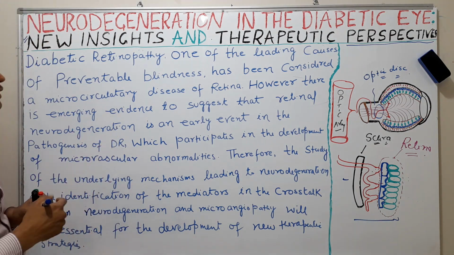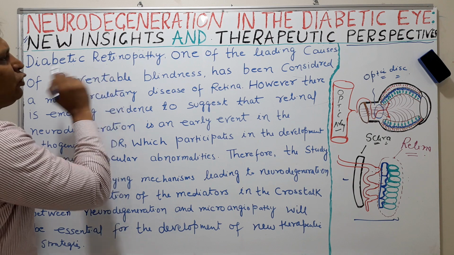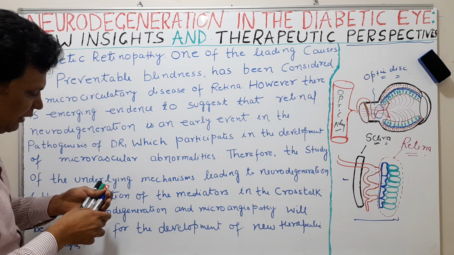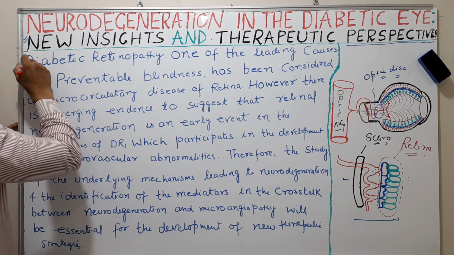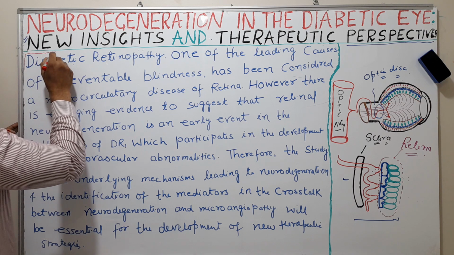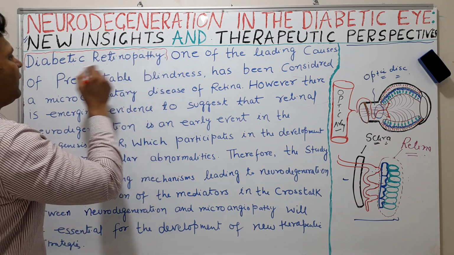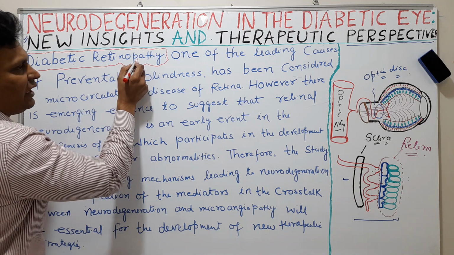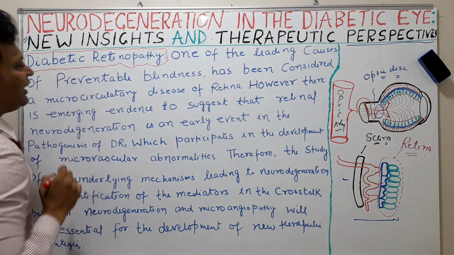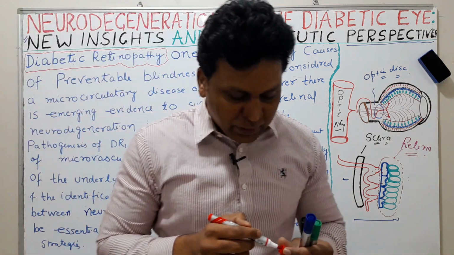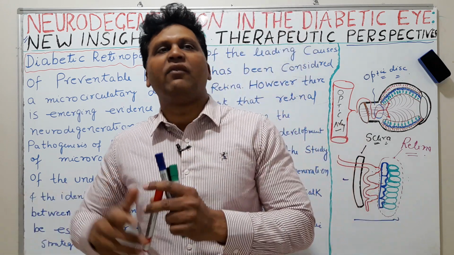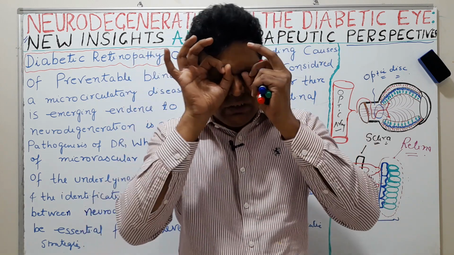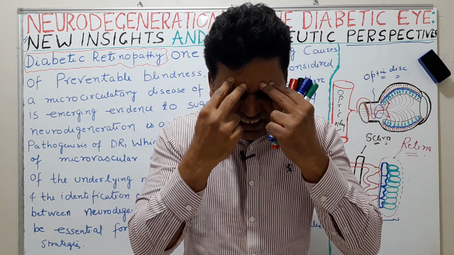Now coming to the first line of the first paragraph: diabetic retinopathy, one of the leading causes of preventable blindness. What is diabetic retinopathy? Actually, it is pathology in the retina, disease in the retina due to diabetes. The person who has had diabetes for a long period of time has problems in vision, they cannot see clearly.